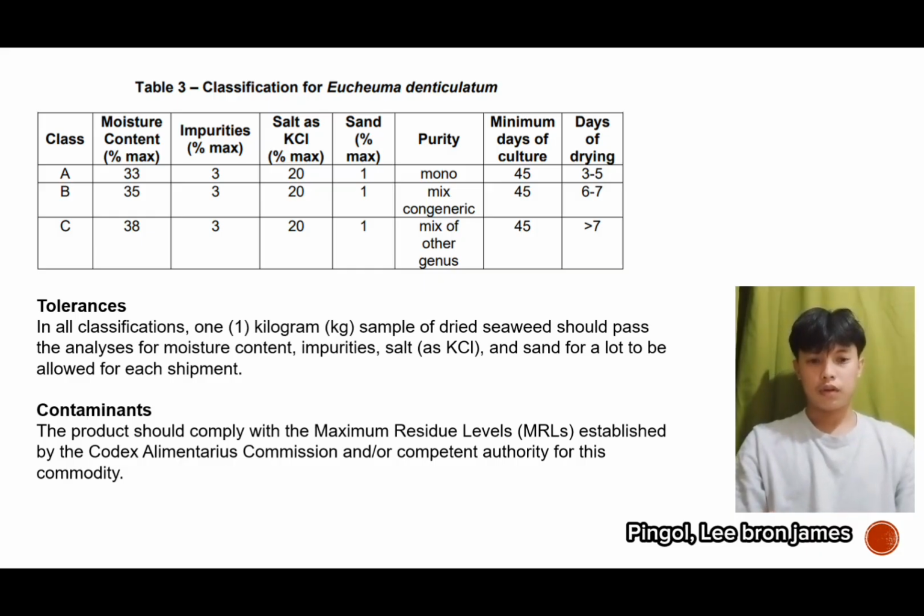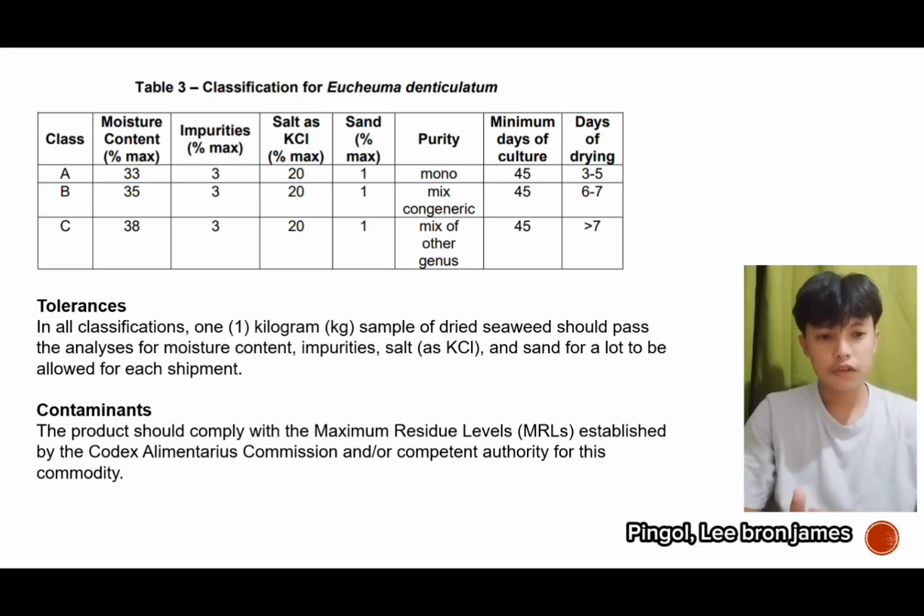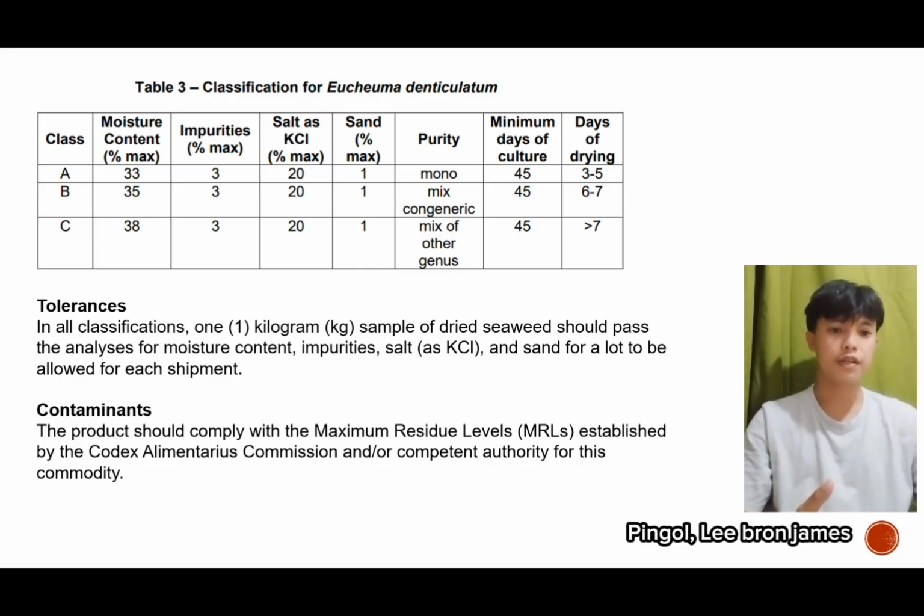So all must still meet the limits for impurities, salt, and sand, and come from seaweeds cultured for at least 45 days. And let's now talk about tolerance and contaminants part of the standard for dried seaweeds. So first, under tolerance, this means that before dried seaweeds can be shipped or sold, a 1 kilogram sample from a batch needs to be tested.